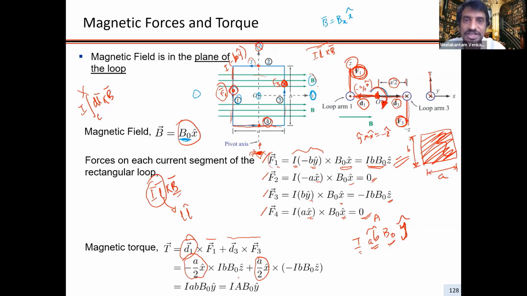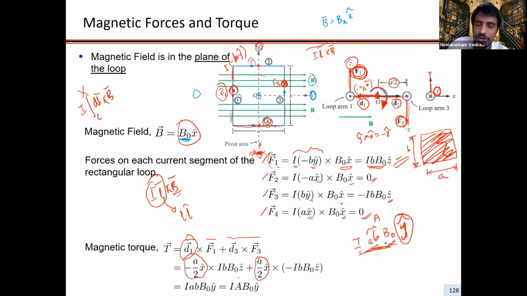Take your right hand, curl all the fingers in the direction of the rotation, which is clockwise in this case. Then the thumb gives the direction of torque, which is going in, the same as the y hat. So that's why your torque is in the y hat direction.